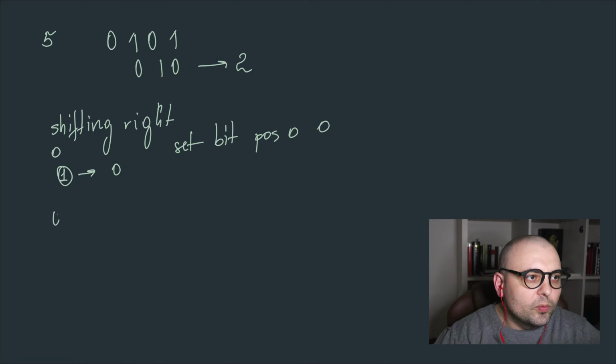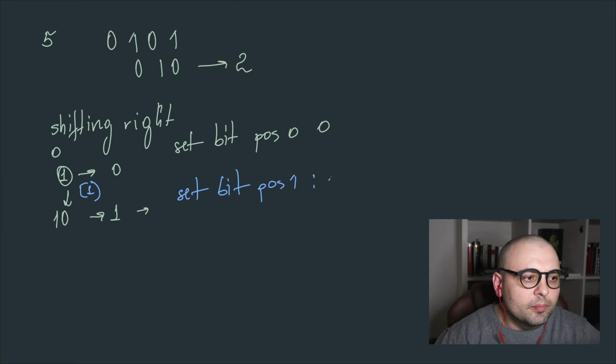So when we shift this number, it will be 1, 0, because we shifted 1 right. Last bit will be in this. We will invert it being 1, but in this case, index will be 1 already. So we'll set bit position 1 being 1.